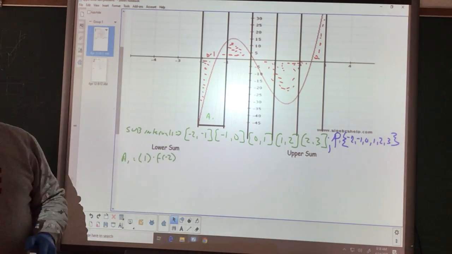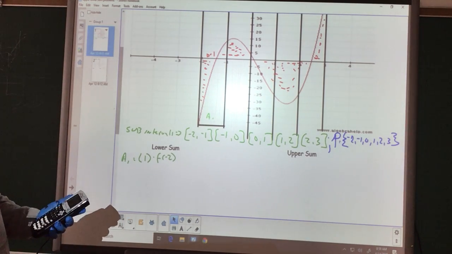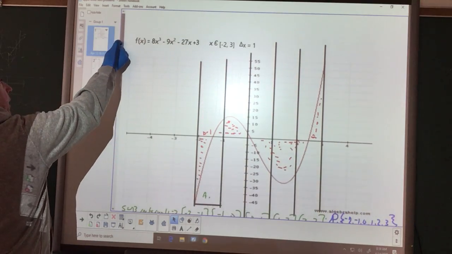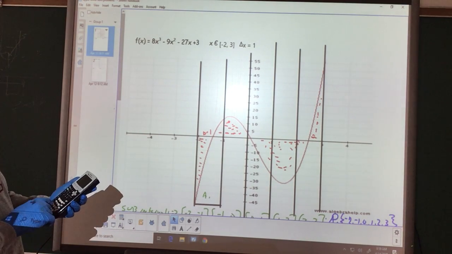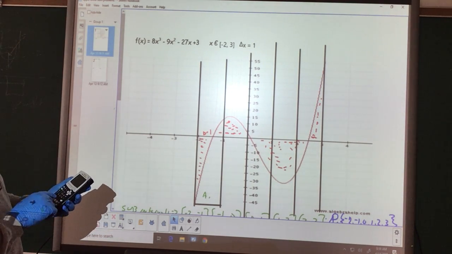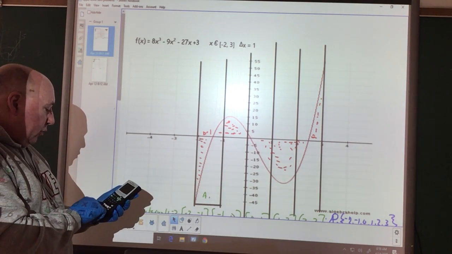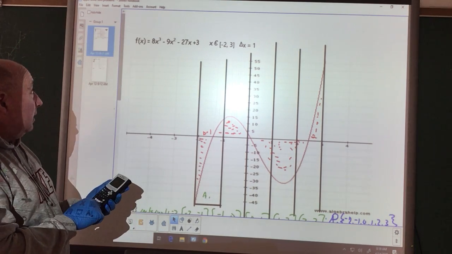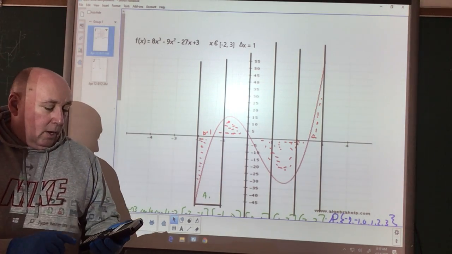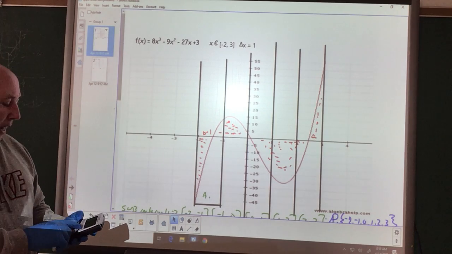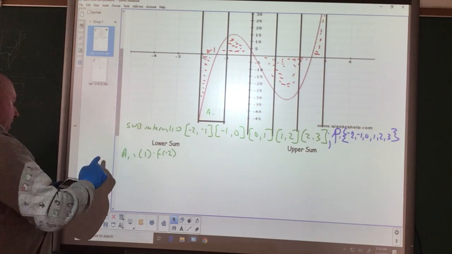Now what you may want to do within your calculator is type this function into your y1, because we're going to be doing function values here. So in your y1, I'm going to type in 8x cubed minus 9x squared minus 27x plus 3. I'm going to type that into my y1 because I'm going to have to calculate values, and I'm going to calculate my value at -2.